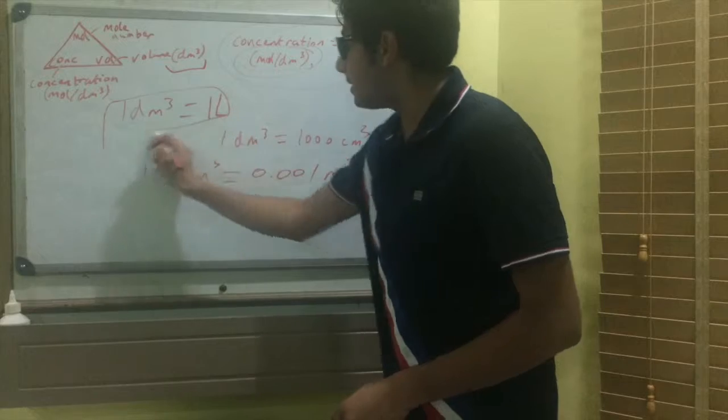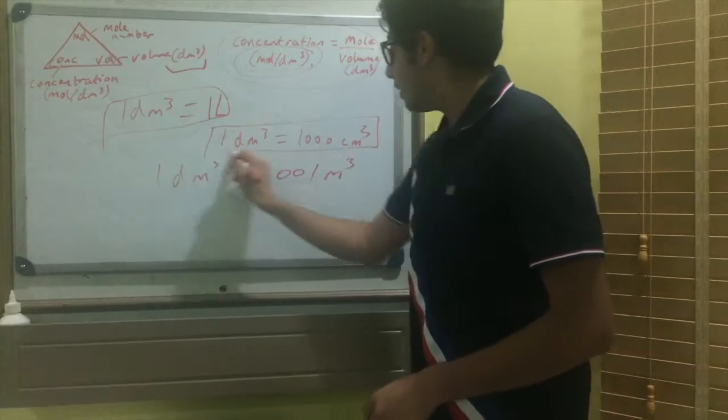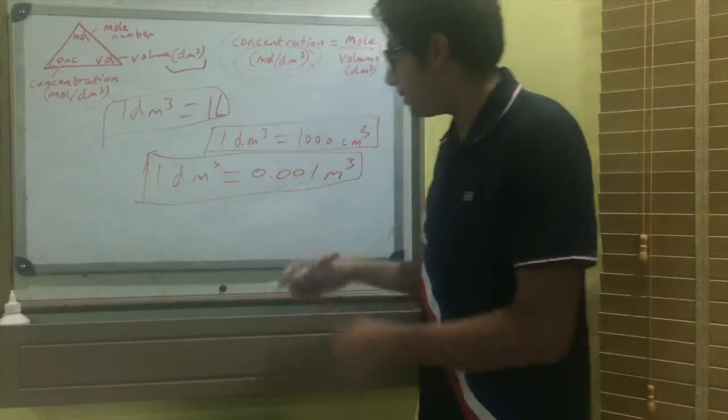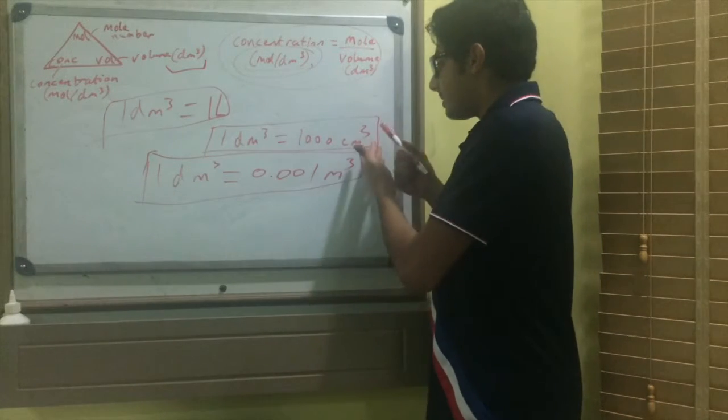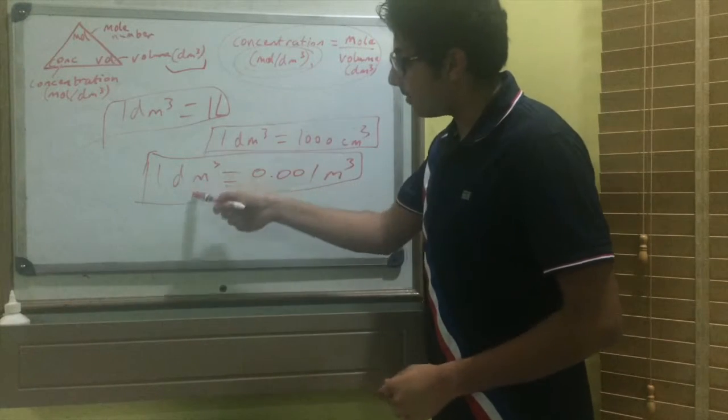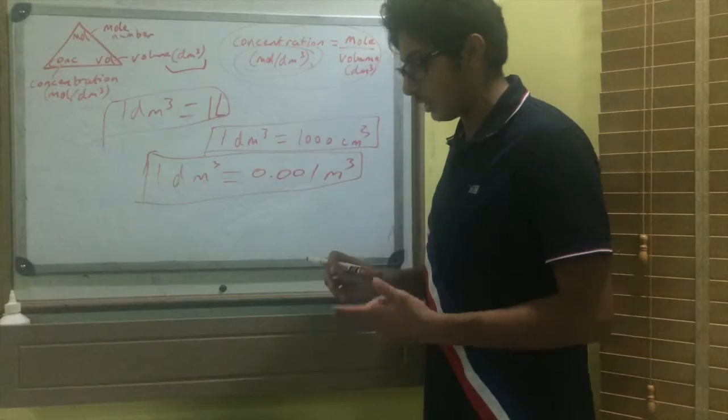So if you remember these, you'll be able to convert, because in the question they might not give it to you in decimeters cubed, they might give it to you in liters or in centimeters cubed or in meters cubed, and so you have to convert it into decimeters cubed in order to do the question.